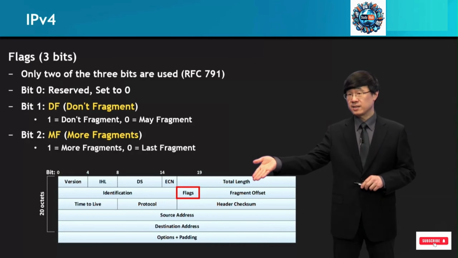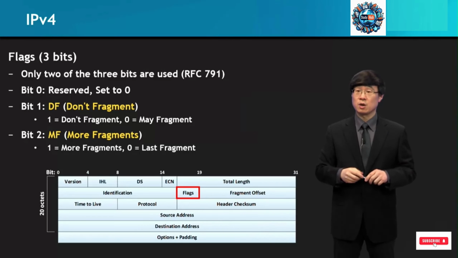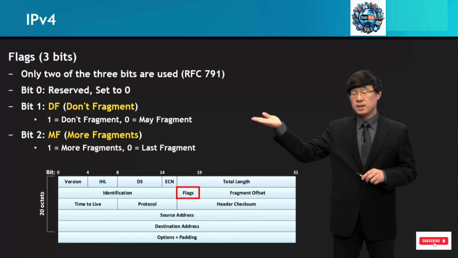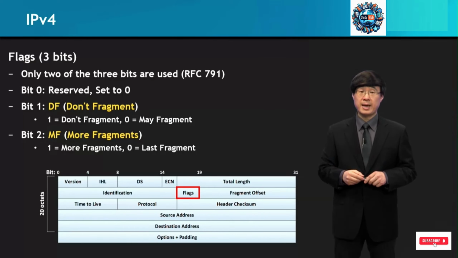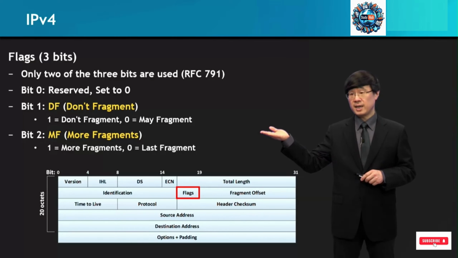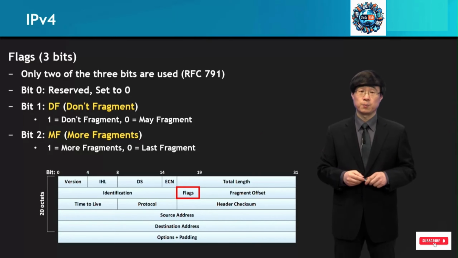Looking into the flags, there are 3 bits, and only 2 of the 3 bits are actually used. Bit 0 on the top is not used. It's reserved. Bit 1 is the Don't Fragment flag. If it's set to 1, that means do not fragment this IP packet. However, if it's set to 0, then you are allowed to fragment the packet if you need to.